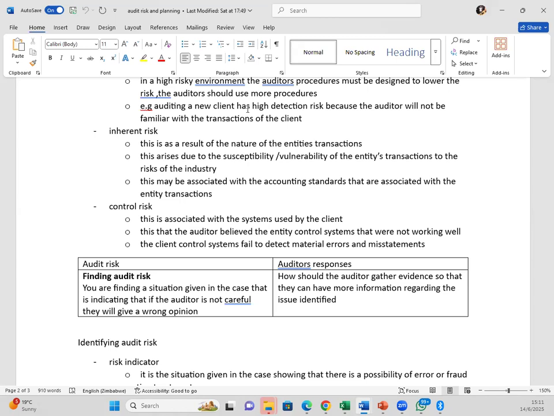And as an auditor, you then say, why should I carry out a detailed check of whether all items are there? With these strong control systems, there are fewer chances that someone can penetrate and steal and not get noticed.